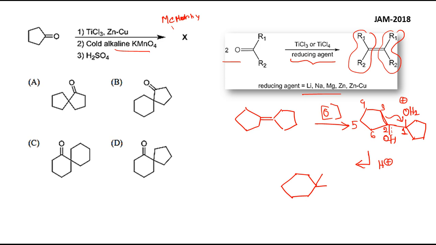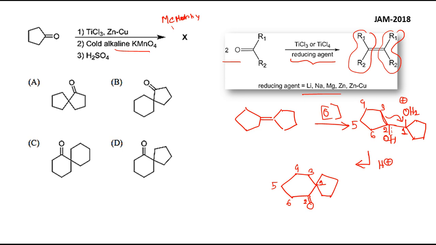So this is a spiro type of compound. Fine. So this is 1. At 2 position there will be C double bond O. 2-3 bond broken. 3, 4, 5, 6. This is 2. Okay. So we are getting a newly generated 6-membered ring, and this is a spiro type of compound.